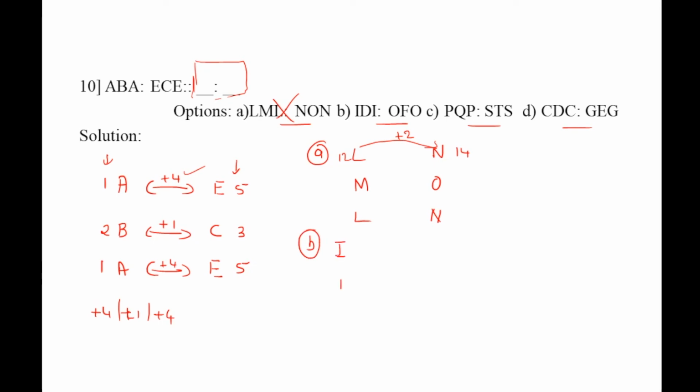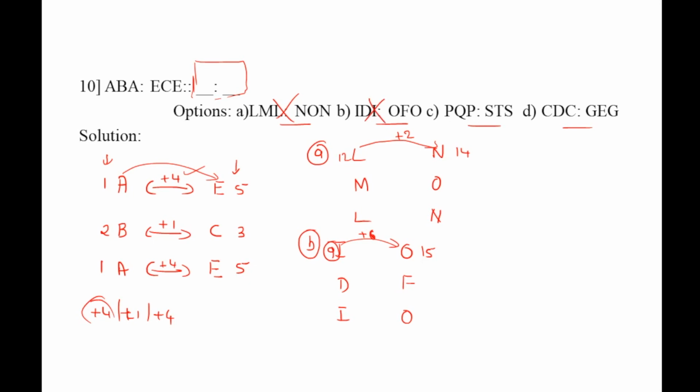It is I, D, I and O, F, O. I is 9, whereas O is 15. What is the difference between these? That is plus 6. My logic is plus 4 for the first letter. It is not an option then.